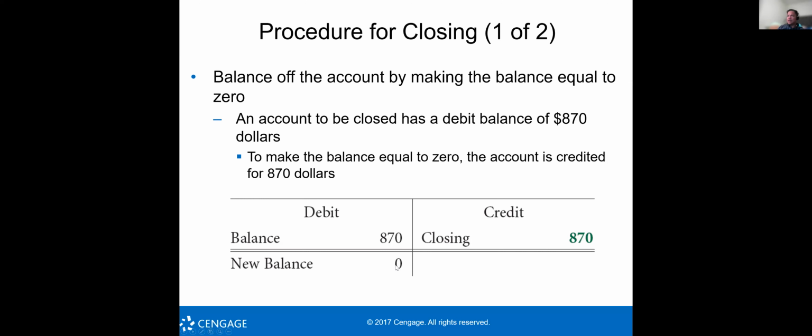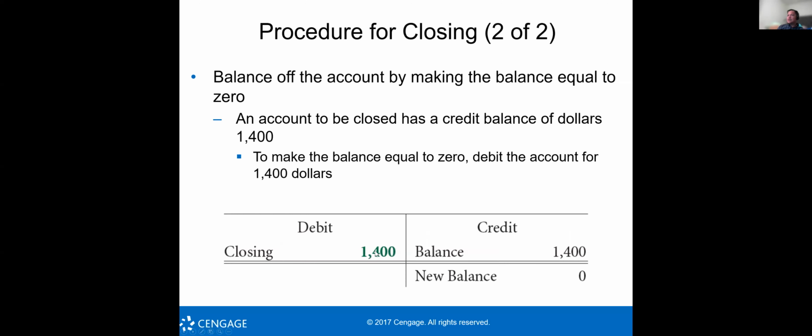Effectively, you're closing the account. Similarly, when the account has a credit balance, you close it by debiting this account. So debit 1,400, and your new balance will now be zero.